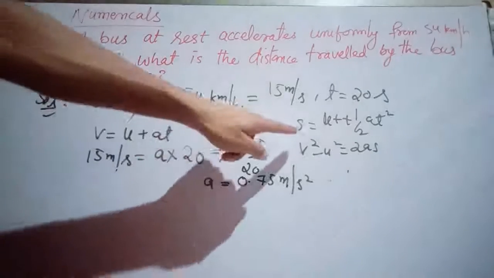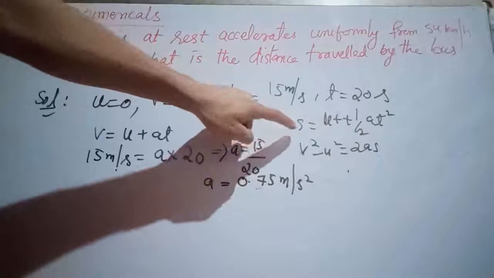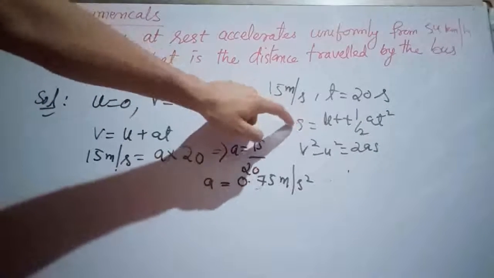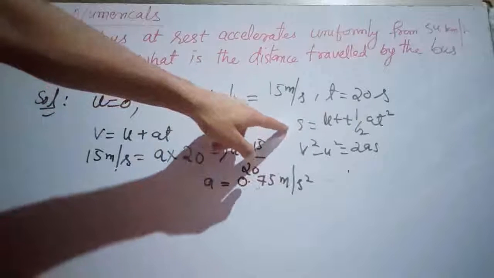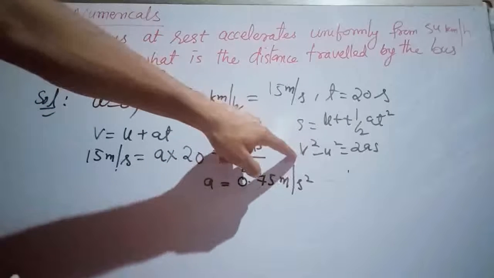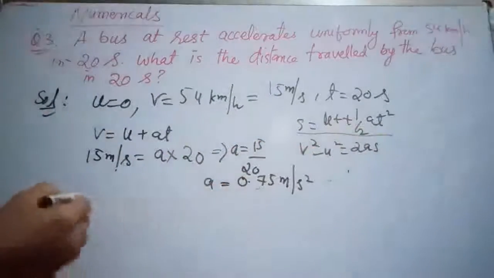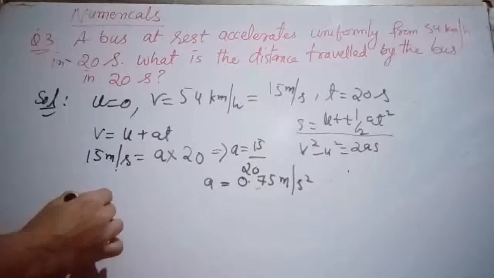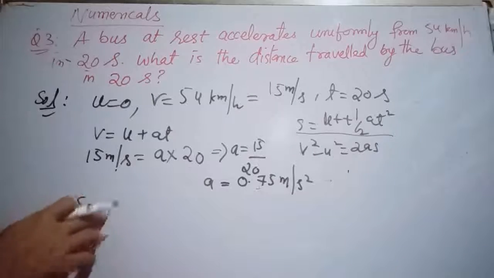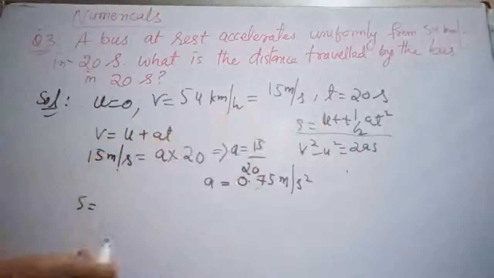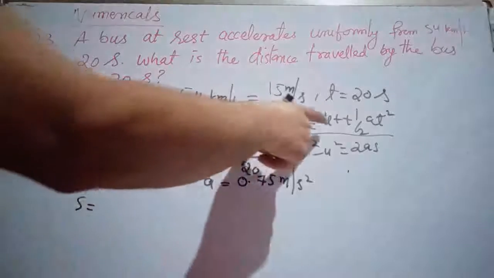So now I can find the distance. I can find distance from this equation also, or I can find it from here also. I will use this one. S is equal to ut plus half at square. U here is 0, so I will not write this u.